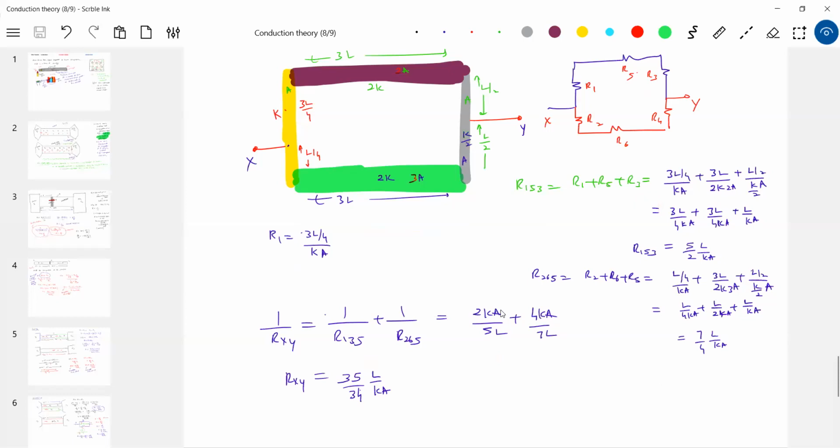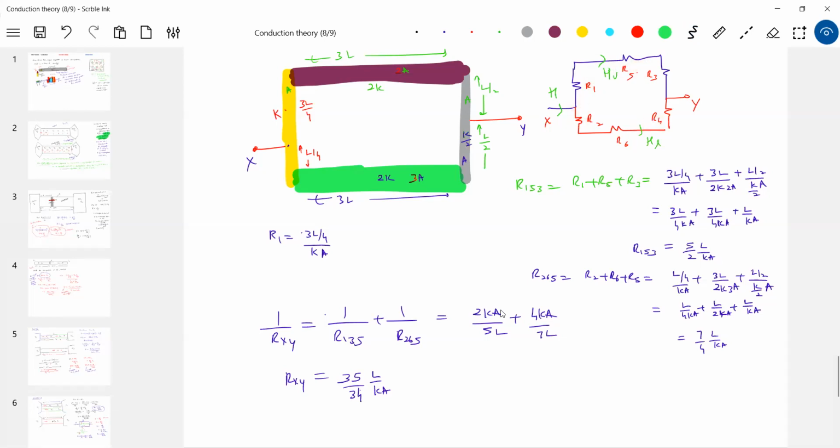So what we should use is this particular formula. If H is the heat current here, how much goes in the upper part and how much in the lower part? So can we calculate this HU? H is 10 joules per second. So how much heat will pass through the upper section, and how much through the lower section?